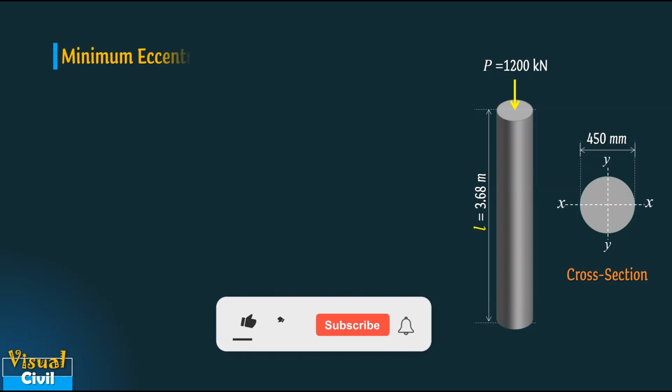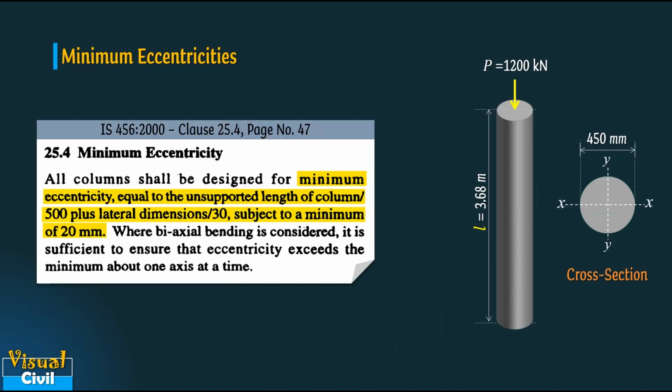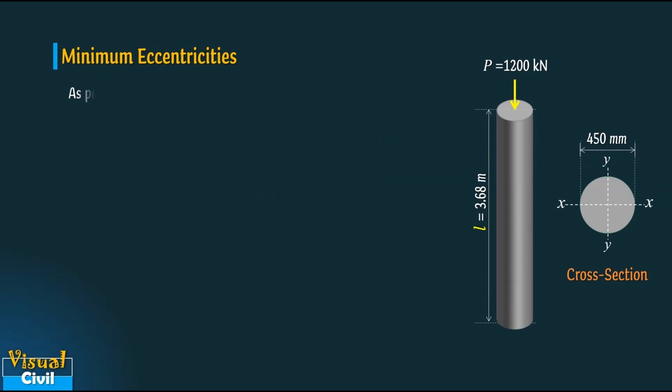According to clause 25.4 of IS 456, all the columns shall be designed for the minimum eccentricity, which is equal to unsupported length of column divided by 500 plus lateral dimension divided by 30, subjected to a minimum of 20 mm. Let us now calculate this minimum eccentricity for the column.